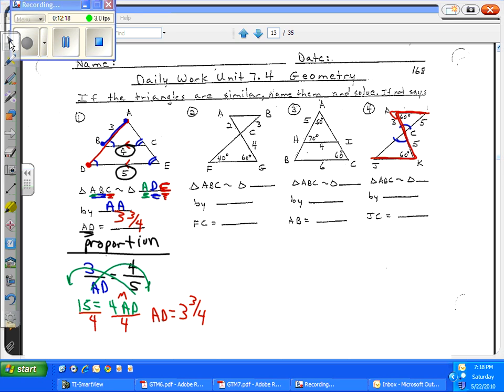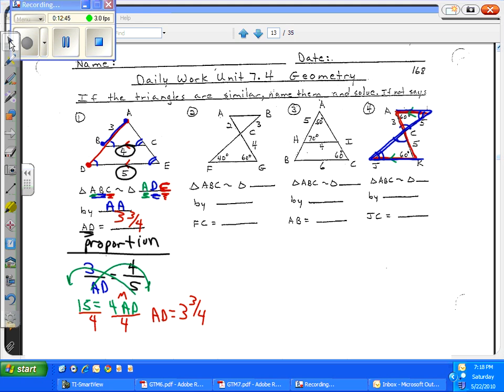So again, if those are equal, then the lines are parallel because alternate interior angles are equal. And once we know that the lines are parallel because alternate interior angles are equal, we can say that this other pair of alternate interior angles are equal because the lines are parallel.